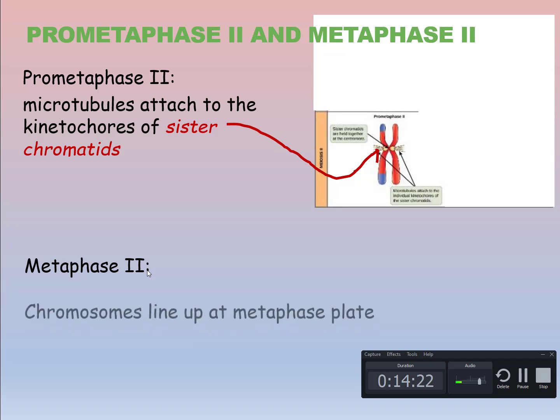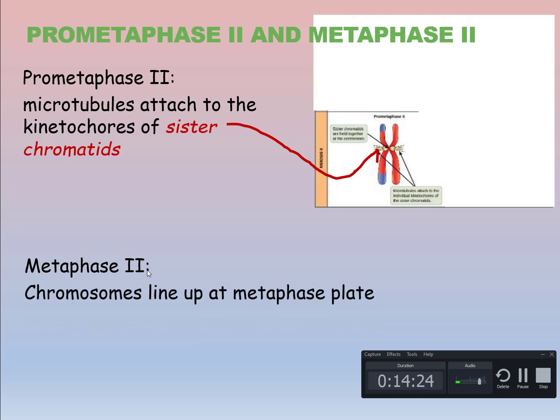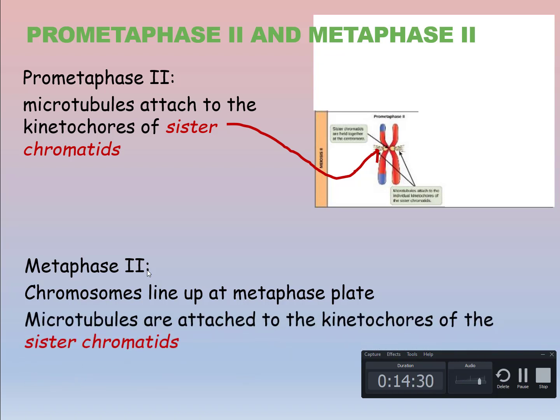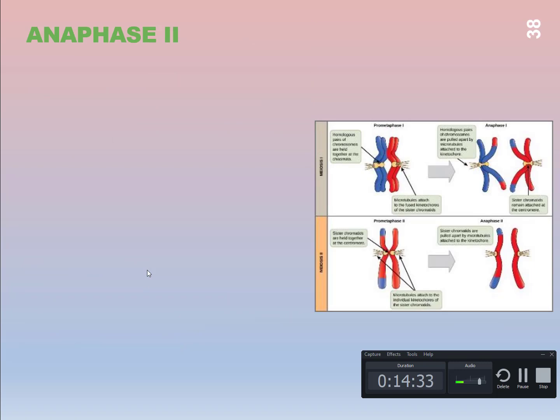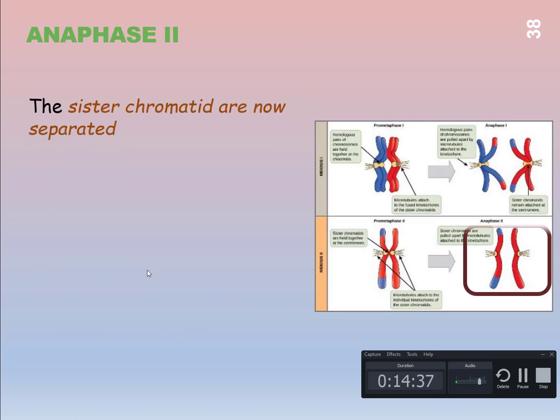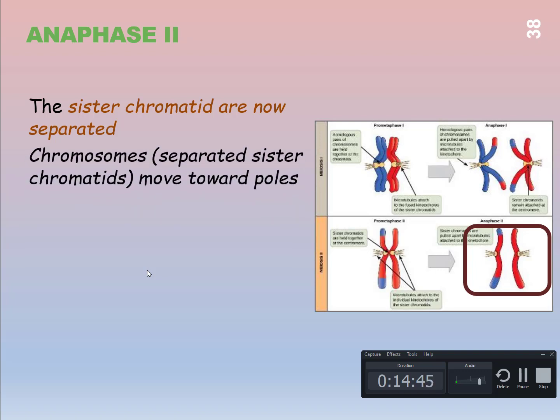And then when we go to metaphase 2, the chromosomes again lining up at the metaphase plate, exactly the same as they did in mitosis. Same exact process, except we're going from haploid to diploid. And this is now at anaphase 2, where we split those sister chromatids from each other. And now those chromosomes are going to move to the poles, just like anaphase in mitosis.